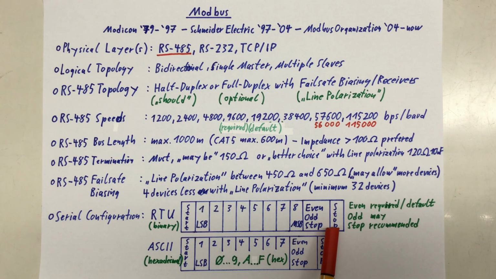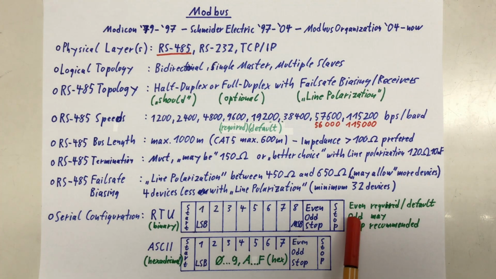And then we have either even parity, odd parity, or a stop bit, followed by another stop bit. Implementing even parity is required and the default, while implementing here a second stop bit is recommended and odd parity is may. Whatever you do, you are always transmitting 11 bits.